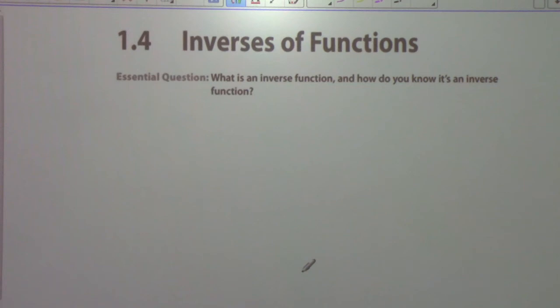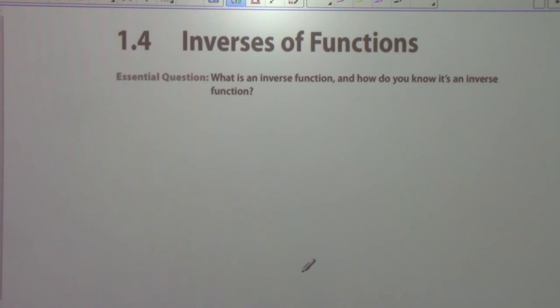Okay, we're going to continue our discussion on inverses of functions from yesterday. While you're getting your notes out, it asks the question, what is an inverse function? How do you know it's an inverse function? Does somebody remember something we talked about with regard to inverse functions yesterday? What was one thing that you remember?